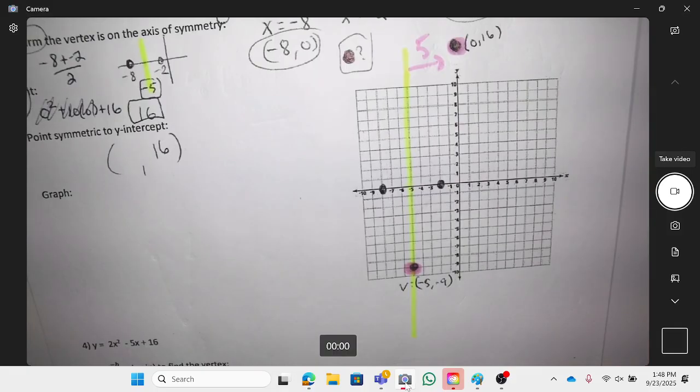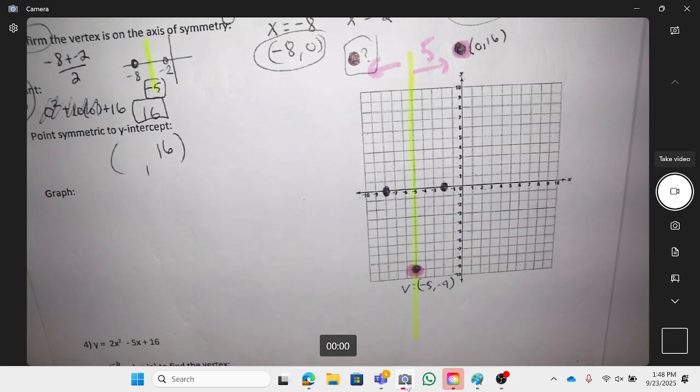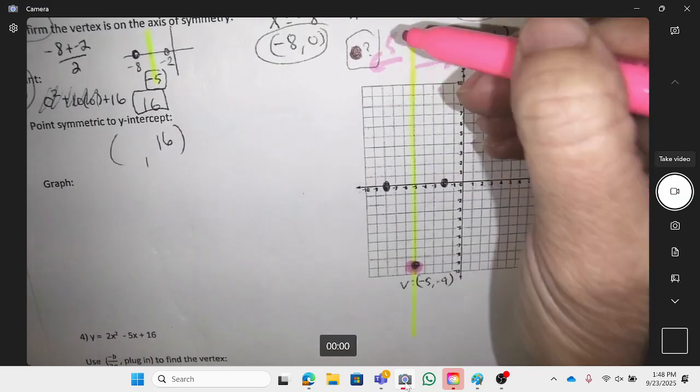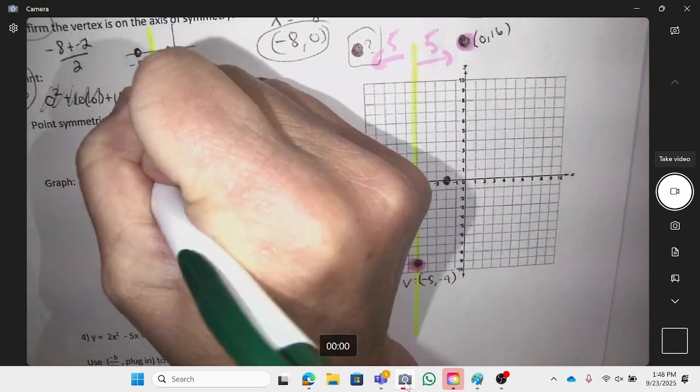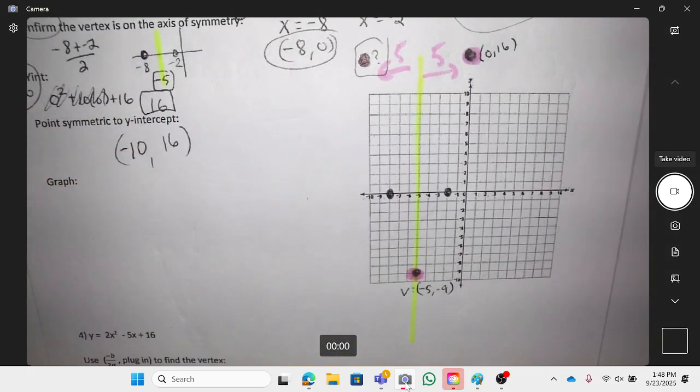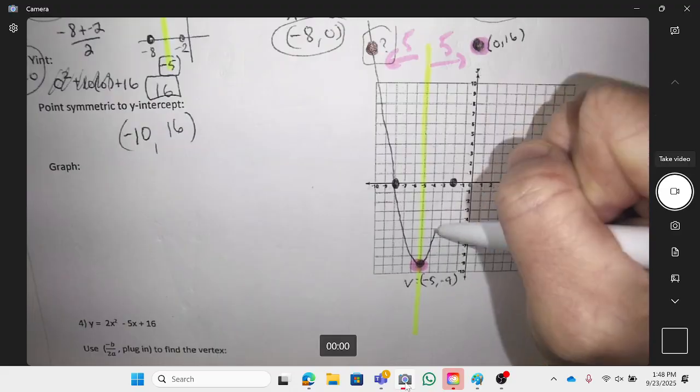So you had 5 moves off the line. So what do you have to do? You have to move 5 that way then. So what am I at? I'm at negative 10. How does that sound as a strategy?